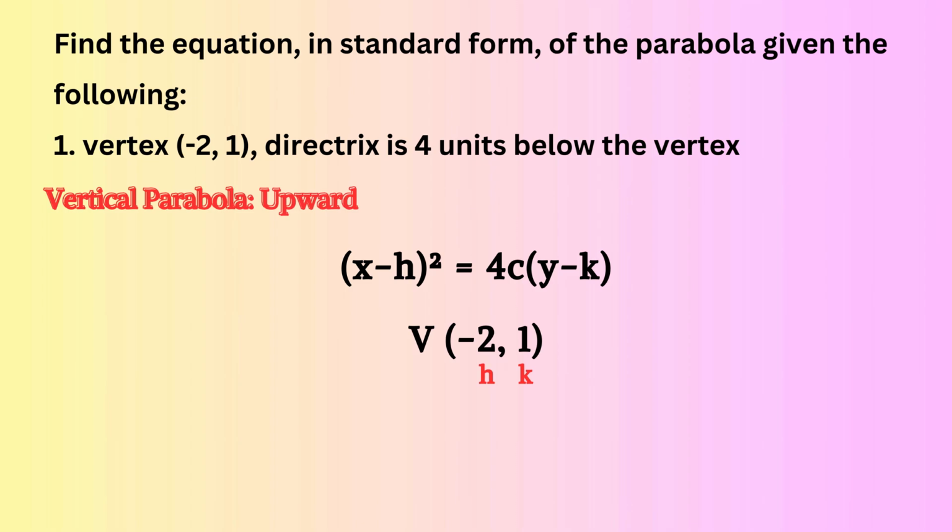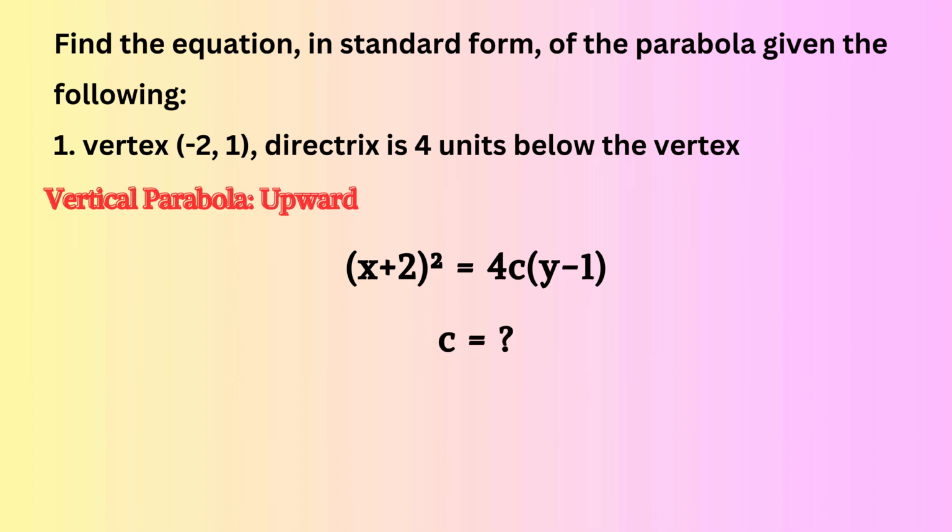So, we substitute h with -2 and k with 1. We have (x minus -2) squared equals 4c times (y minus 1), or (x plus 2) squared equals 4c times (y minus 1).